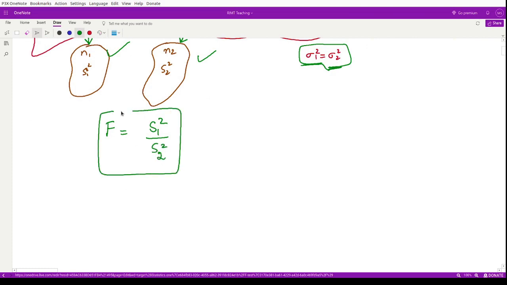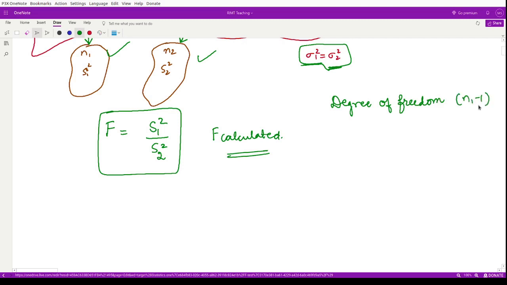So this is the F statistic, the calculated value for F. And what are the degrees of freedom here? The degrees of freedom would be n1 minus 1 for the first sample, where n1 is the number of elements present in the first sample, and n2 minus 1 for the second sample. So we have 2 degrees of freedom corresponding to a single test F.